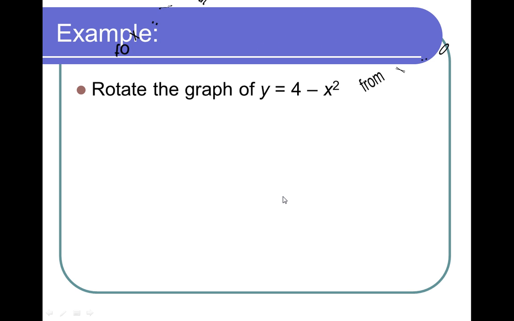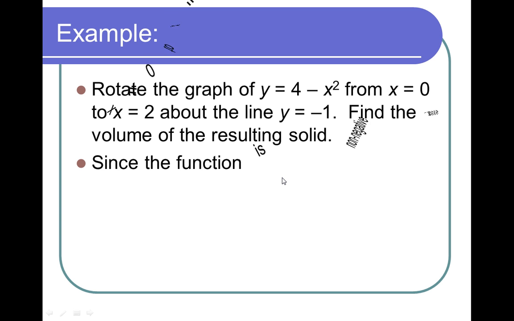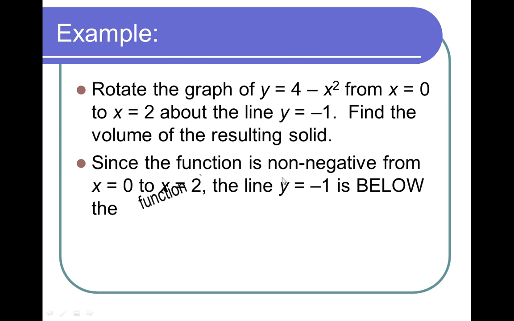All right, so for example, if I had the graph of y equals 4 minus x squared, and I was going from 0 to 2 on the x-axis, but I want to rotate it around the line y equals -1. All right, then find the volume of the resulting solid. I know that my f of x is going to be non-negative.